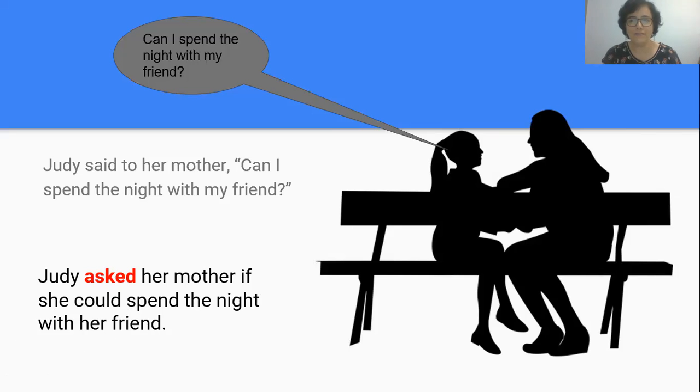I hope I have made all these points very clear in today's lesson. So, what we learned today, just to give you a gist of it, is that if you have one person speaking to another person, you have to use the word told, okay, not said. If you have one person asking a question to another person, you use the word asked.